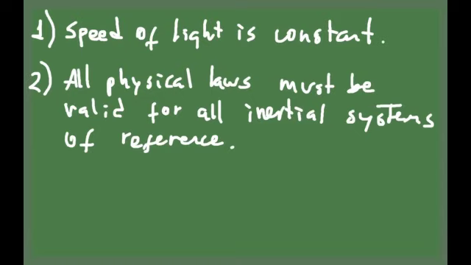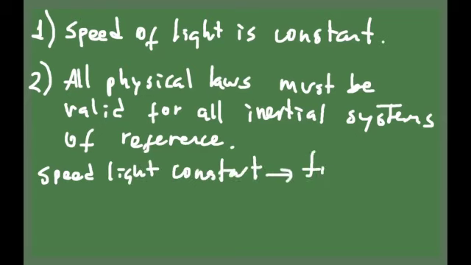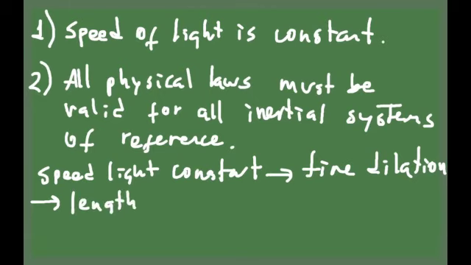Once you have shown that, it is a short step to conclude that there's also another strange phenomenon called length contraction, which tells you that the length of objects is different for different observers if they're moving with different velocities with respect to each other.